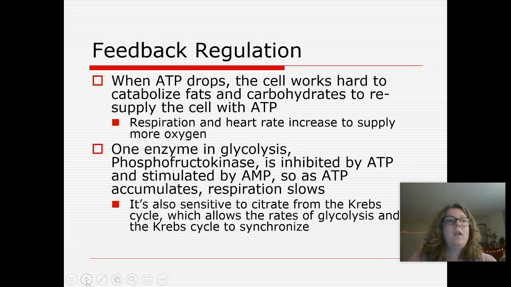Finally, there is a certain amount of feedback regulation that can occur with cellular respiration. When you use up ATP, the cell is triggered to catabolize fats and carbohydrates that are stored, so that more ATP can be generated in your cells.